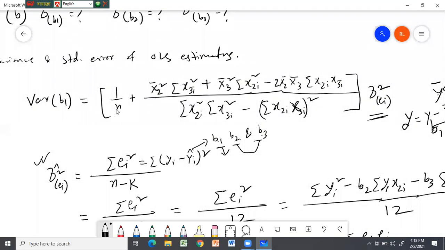And all other observation values or calculation will be followed by the information given in the question.